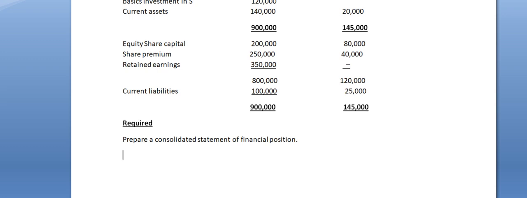Now, if we are to do this, I told us the first thing that we must do is to open the skeleton. Is that taken? And how do we do that? We have Akpaba Limited statement of financial position as at 31st December 2024.